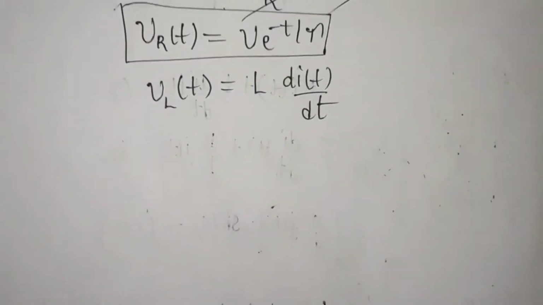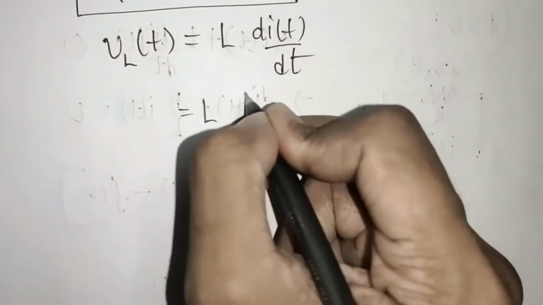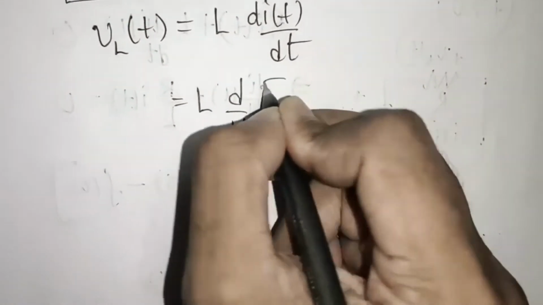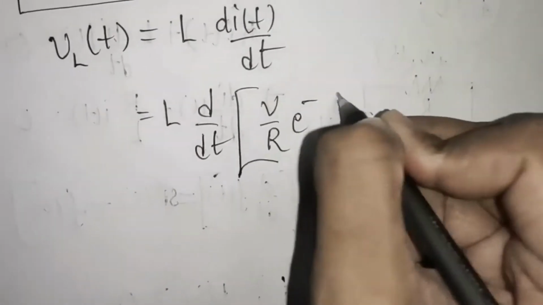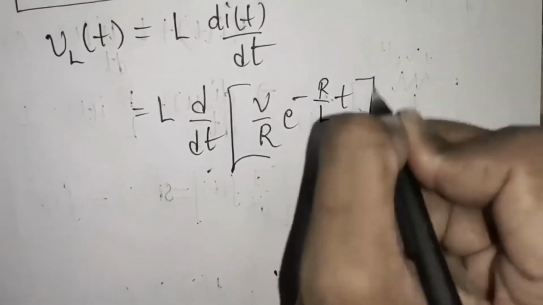So next, VL of t equals L into d by dt of I of t, which is V by R into e power minus R by L into t.